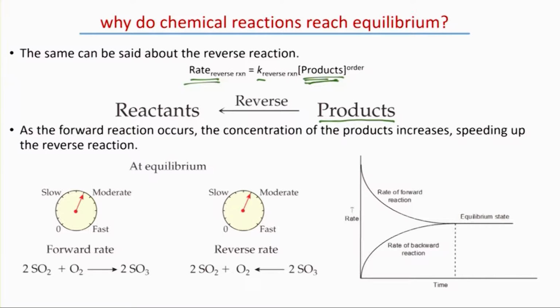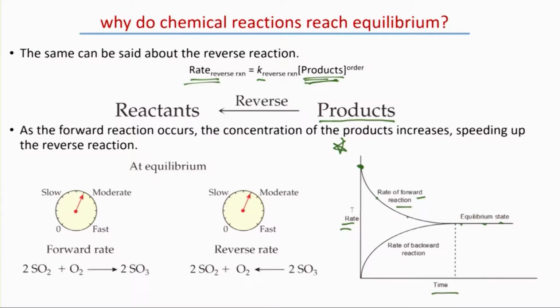All right, so here you go. This picture is a very good one to have a good understanding of what's going on at equilibrium. We talked about the forward reaction already on the previous slide. Initially, the rate of the forward reaction over time is going to start fairly high. Then it becomes moderate, and then it starts slowing down as time goes on because you're using up some of the reactants, and so the concentration has gone down.